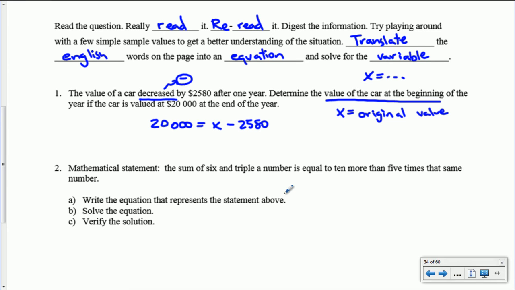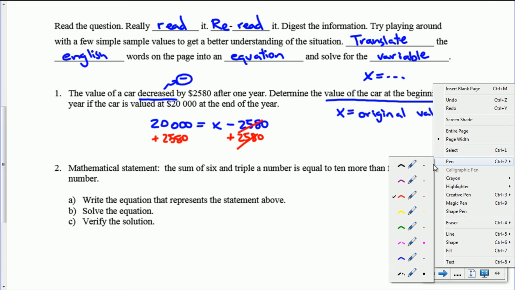So we can just do inverse operations. So the opposite of subtracting 2,580, we add 2,580 to both sides. Again, the goal is to try to get the variable on its own. So that is 0.